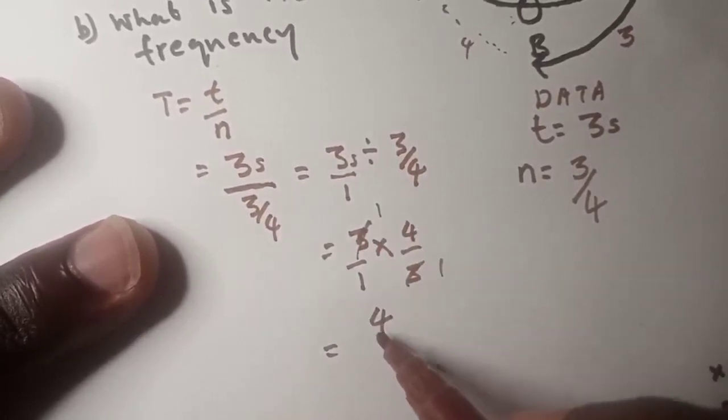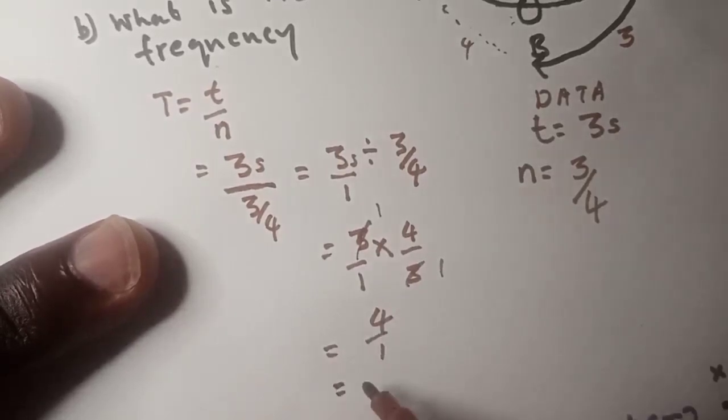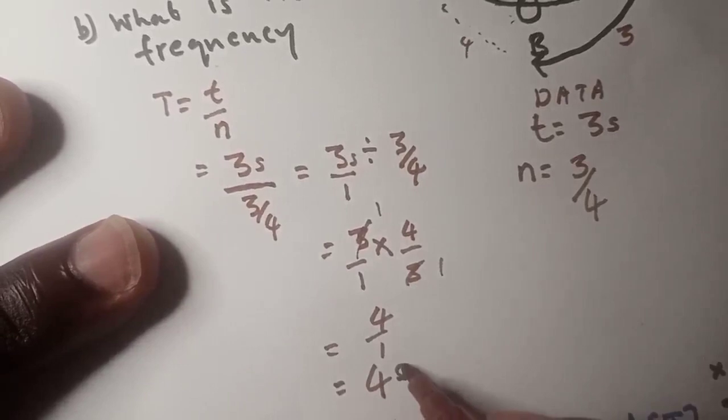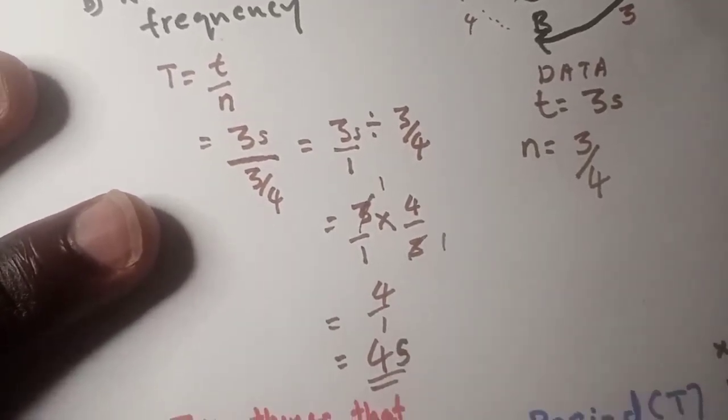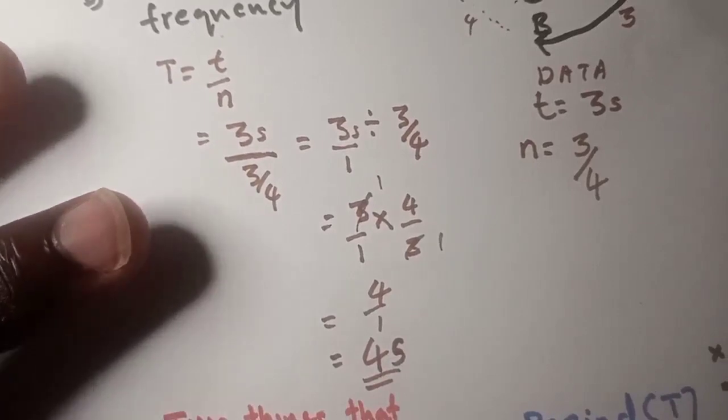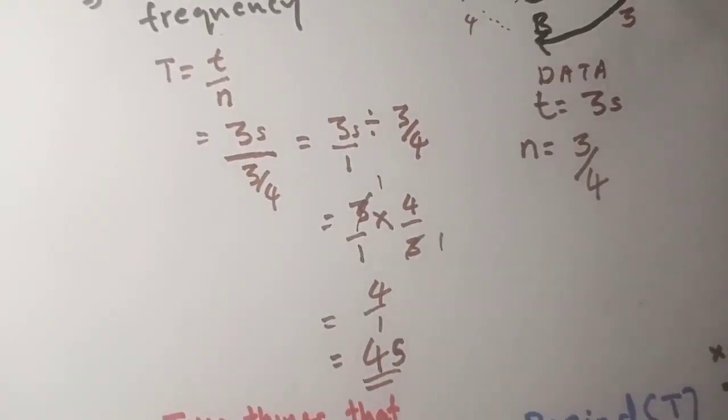So 4 into 1 gives us 4. This means that our period is simply 4 seconds.